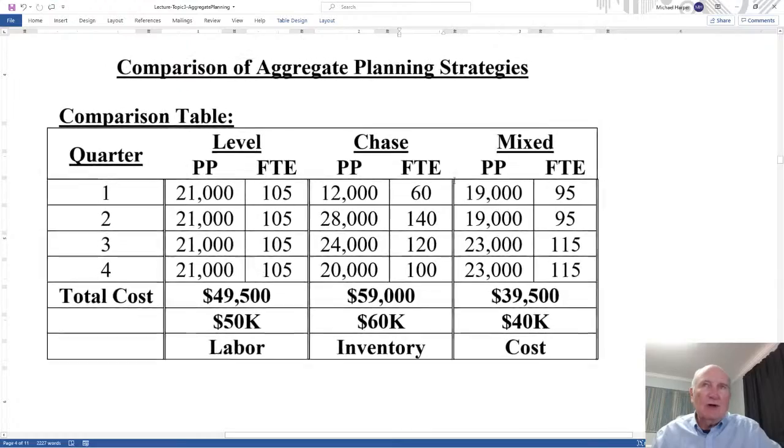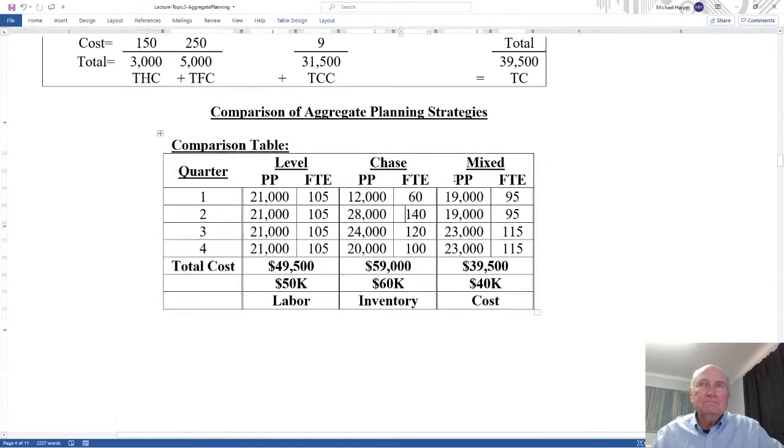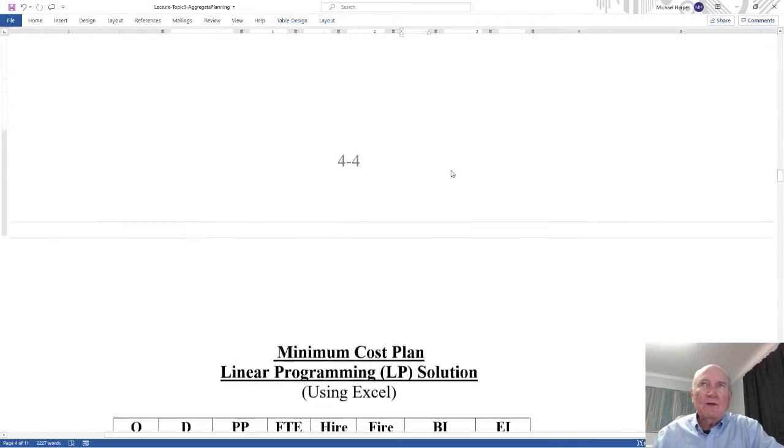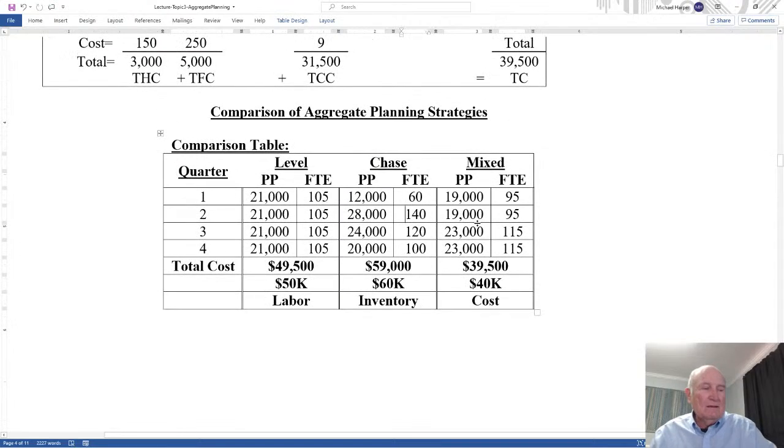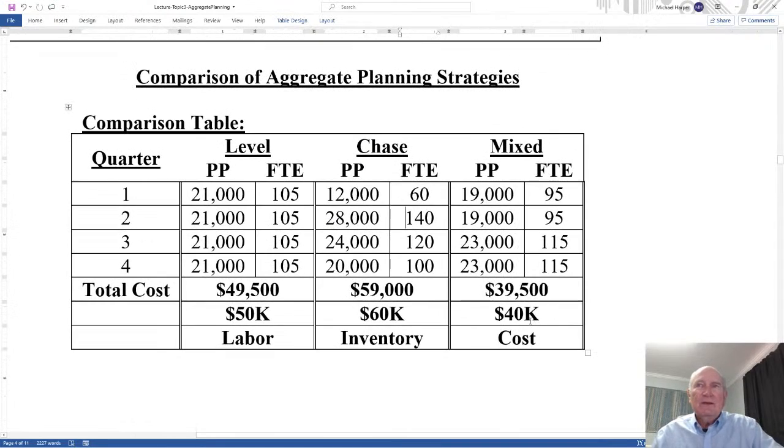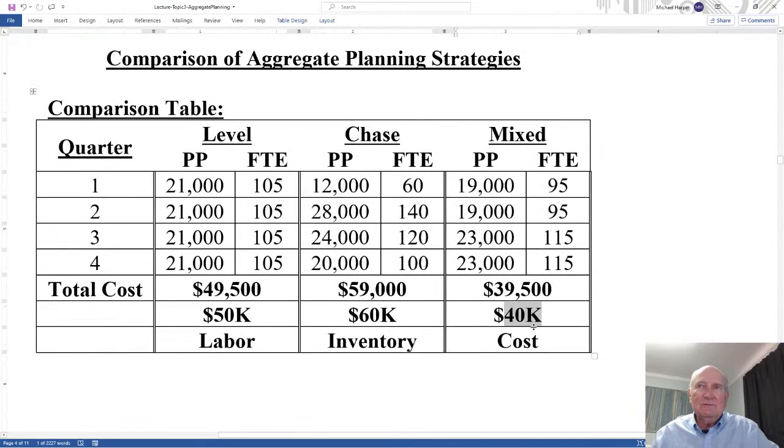Okay, let's go on. Aha. Let me point out to you, wait a minute, let's look at this. Look at these numbers, 40, 50, 60. So if you have chase demand, it's costing you $60,000.